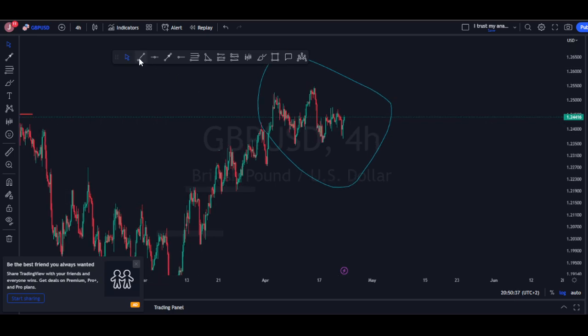Okay, I do see these two lows here, and those two highs, and these two highs.